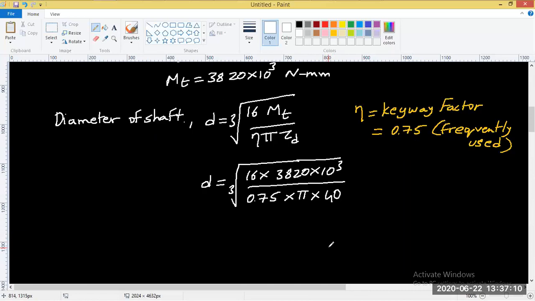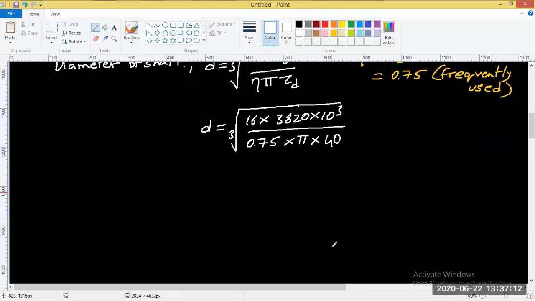With this, we'll get the diameter of the shaft. And if you take this value of d and plug it into the stress equations for the dimensions, then you will get the actual values. So let's calculate this value.